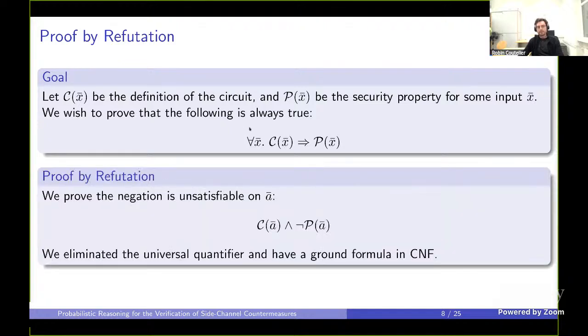So this quantifier complicates everything, and proving that this is true, we don't want to do that. So instead, we ask: does there exist a particular set of inputs such that the circuit is satisfied, but the property is not? And if we cannot find such an input, then we have concluded that our circuit is safe. Yes?